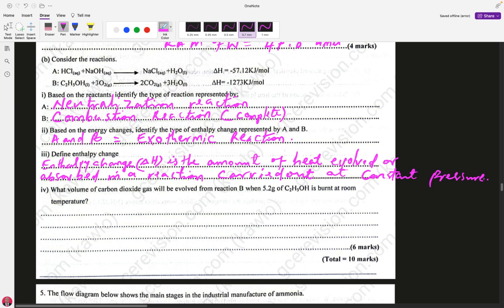I said enthalpy change is the amount of heat evolved or absorbed in a reaction carried out at constant pressure.